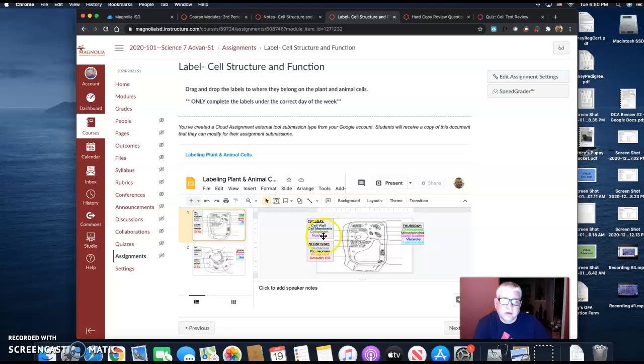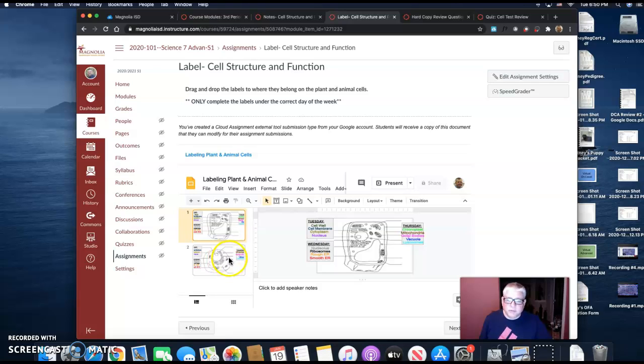Some students only did this first slide, and they didn't do the second slide, which is the animal cells. So the plant cell is only one. Some of you just did one day of each and didn't think you had to go back and do the rest. So yes, you need to do all of these and resubmit it.